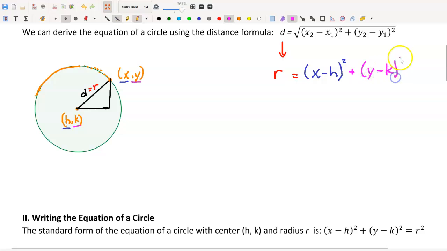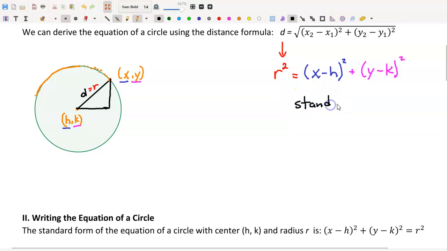And instead of having the square root, we leave it as r squared. So in a sense, it does look like a Pythagorean theorem, like c squared equals a squared plus b squared. But this is known as the standard form of a circle.